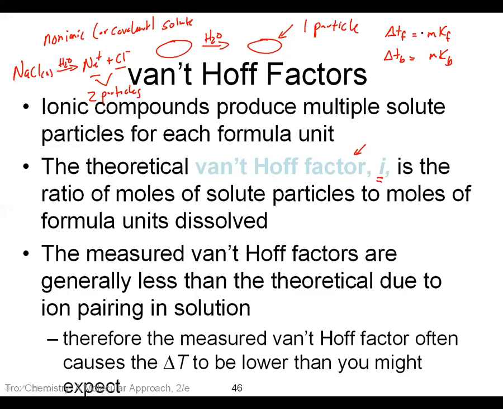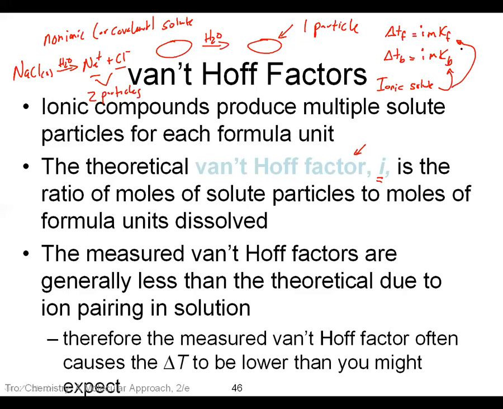You essentially just add the i there. So in an ionic compound, when you do boiling point or freezing point for an ionic solute, you do need to use these formulas, unlike the ones that we used earlier.